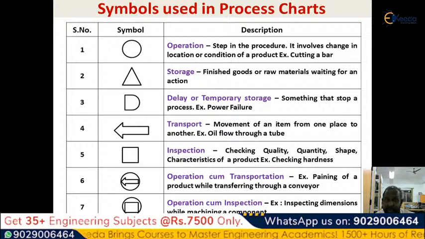So again, during the transportation, I can do an inspection. It means that inside a square, I can have an arrow mark. Then operation combined with inspection I can have. Say, for example, sometimes in the lathe machines when you are measuring, while the product itself is running, you can measure something.